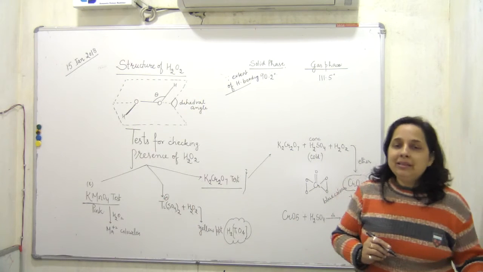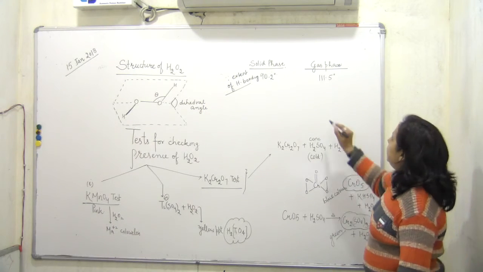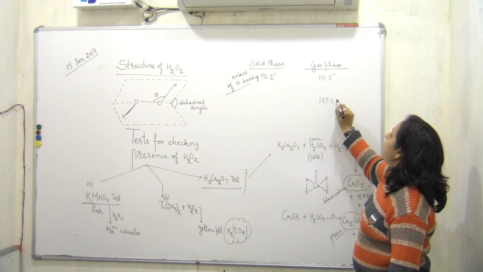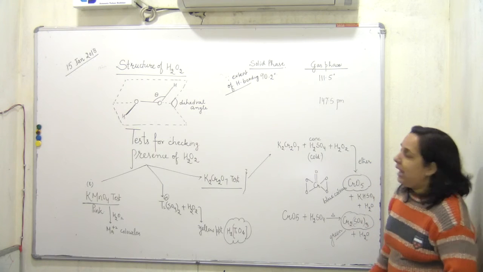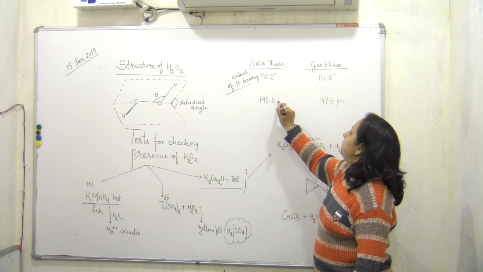Even the bond length varies. The OO bond in gas phase is 147.5 picometer, and in solid phase 145.8 picometer.